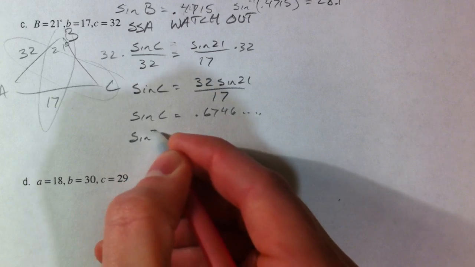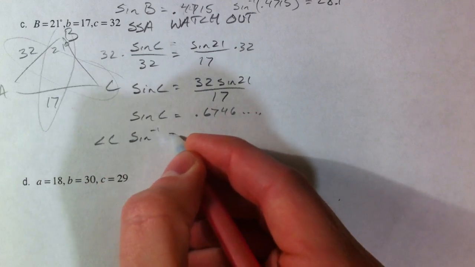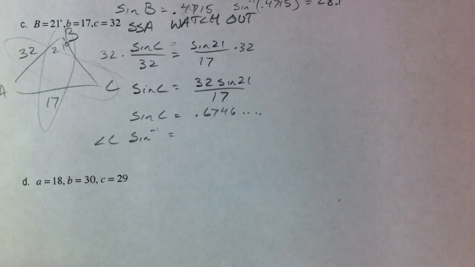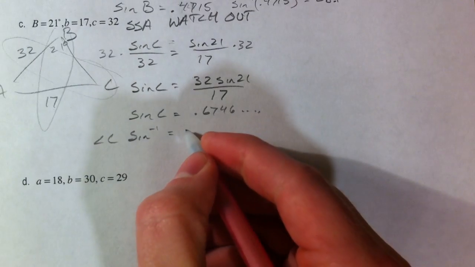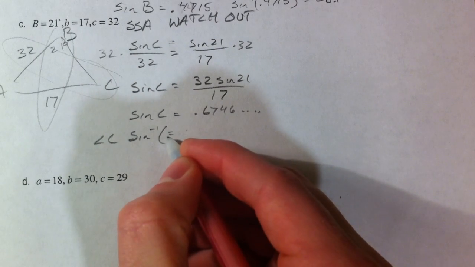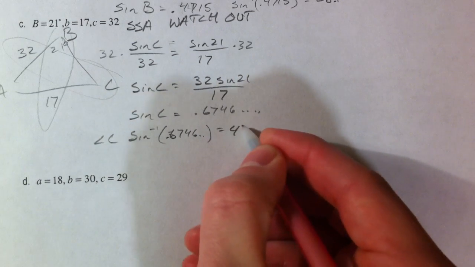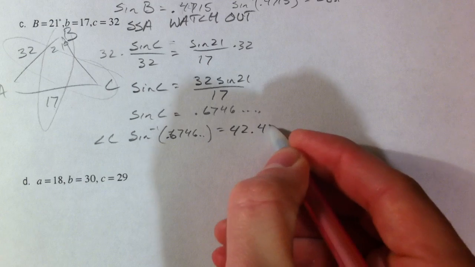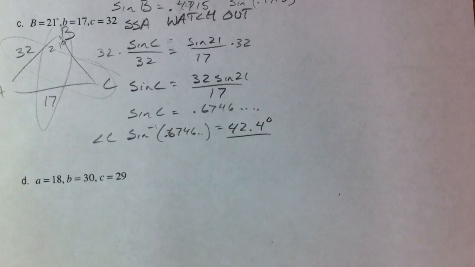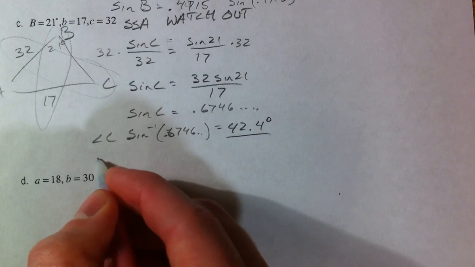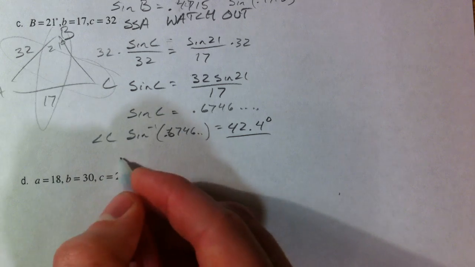So inverse sine, angle C is going to give us the inverse sine of 0.6746 equals 42.4 degrees. So angle C is 42.4.